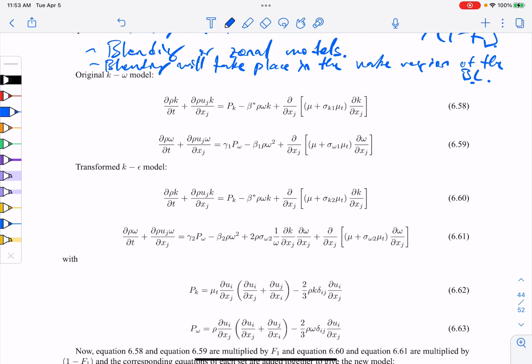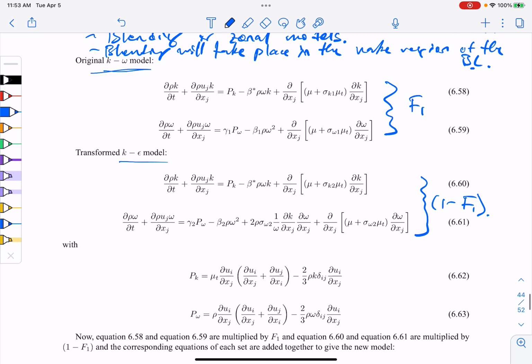Here's the original K omega model. And we're going to want to blend this with f1. And then there's a transformed K model, and we will blend this with 1 minus f1. And it's really that straightforward.